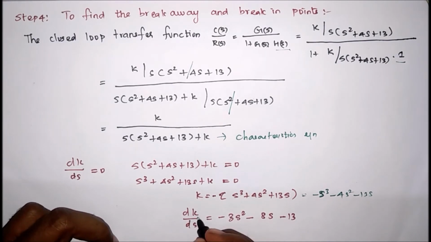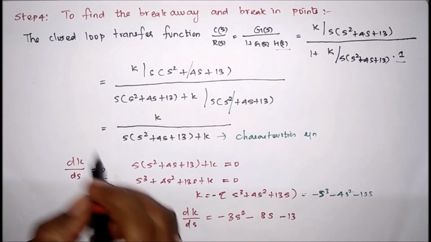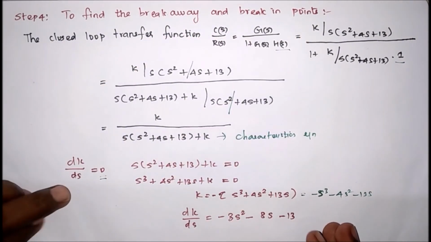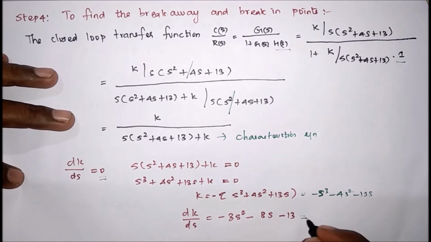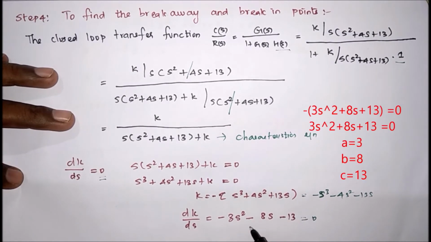So we got the derivative of k. We equate that to 0 to find the breakaway or break-in points, and then find s. This is a quadratic equation. This is a, this is b, this is c: the s square coefficient is a, the s coefficient is b, and this is the constant term.